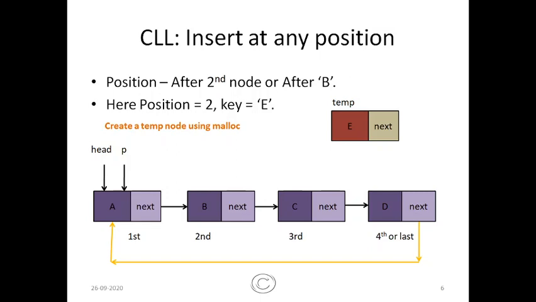Suppose you start from K equal to 0, then for the second position you increment K plus plus. So you have to go to the B node.